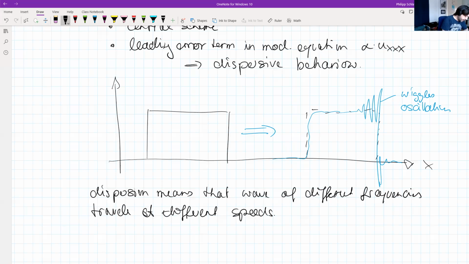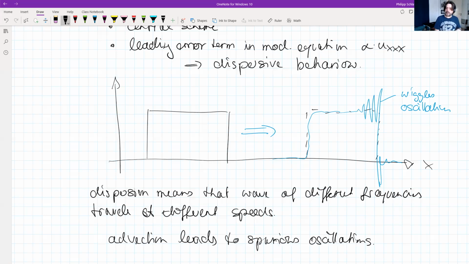So the advection leads to spurious oscillations, or as I said, wiggles. And that is a common feature for all schemes that are dispersive. As we have just seen, as soon as your leading error term is a third order derivative, uxxx, you would have this behavior.